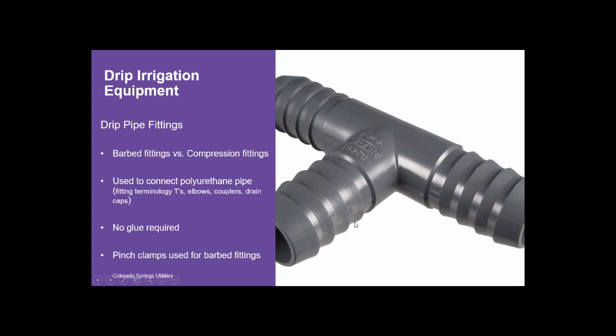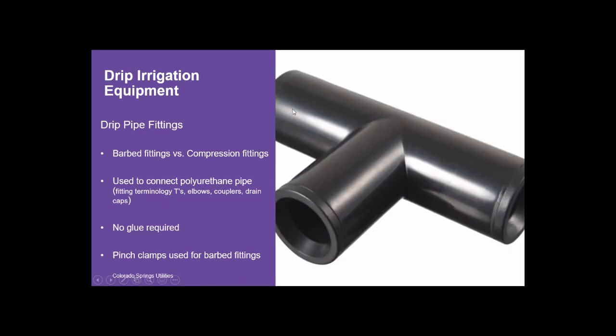A compression fitting uses the outside diameter, and you just push that pipe into this compression fitting and no clamps are required. Both are great options. It's a personal preference for these fittings. That's used to connect polyethylene pipe, or what the more common term is poly pipe.